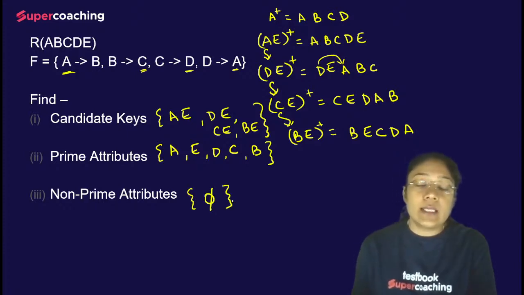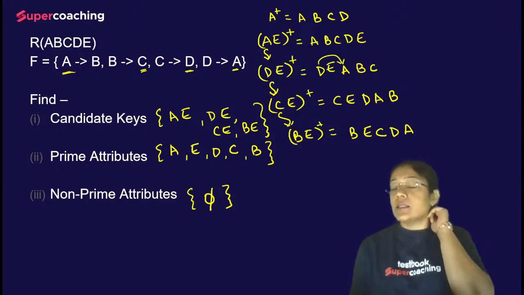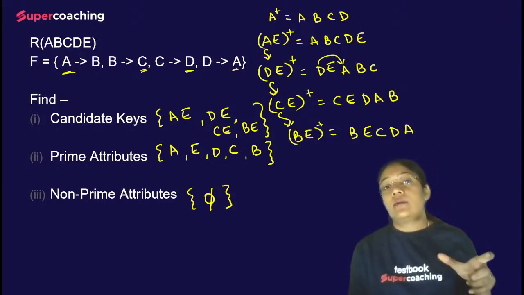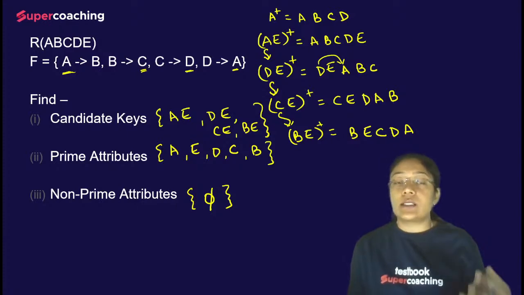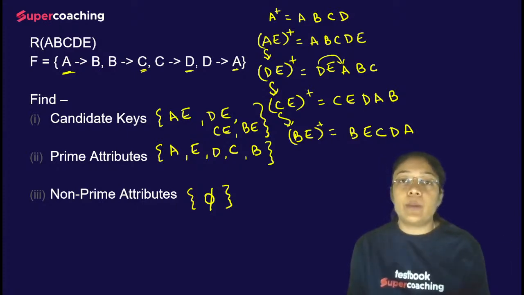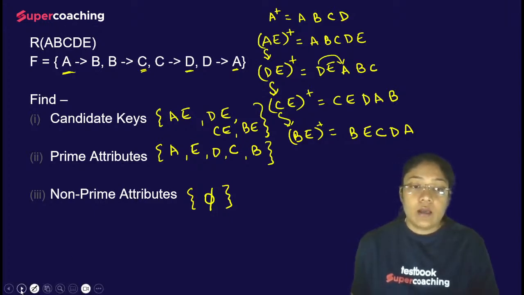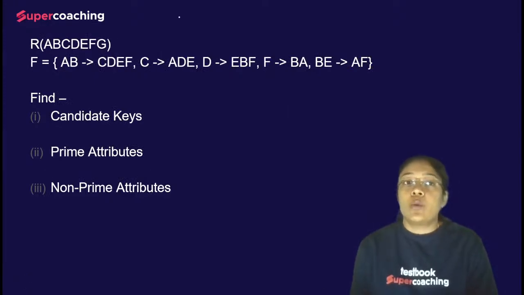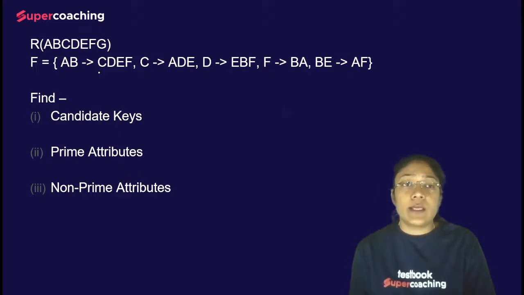Why did we take this example separately? Because sometimes we need to add an attribute exclusively, because that attribute is not covered by any functional dependency. Okay. One more similar question on the basis of the concept that we have discussed in the previous example.